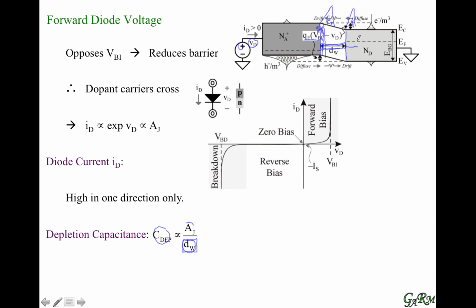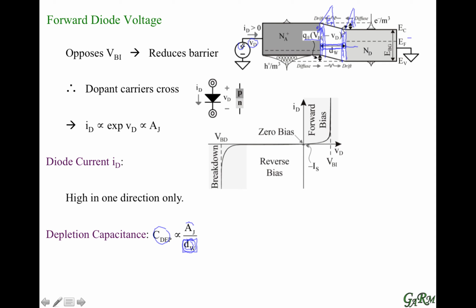And similarly on the N side, when we increase the positive voltage on the P side, it's like decreasing the negative voltage on the N side, and then electrons are going to be pushed away and into the depletion region, so then the depletion region becomes narrower. What we're saying by that is that when we increase the forward voltage, this distance shortens.